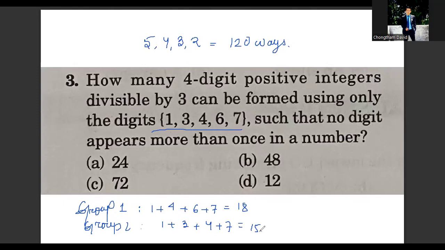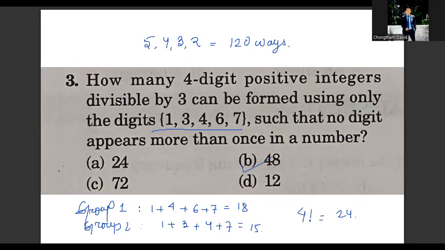Using 1, 4, 6, 7, the possible four-digit positive integers are 4 factorial, which is 4 times 3 times 2 times 1, 24 ways. The total positive integers divisible by 3 would be 24 plus 24, that is 48.